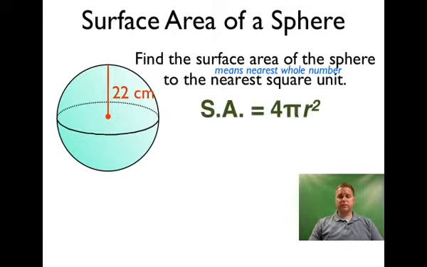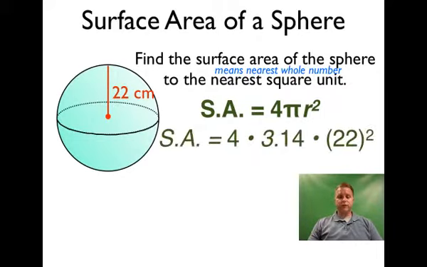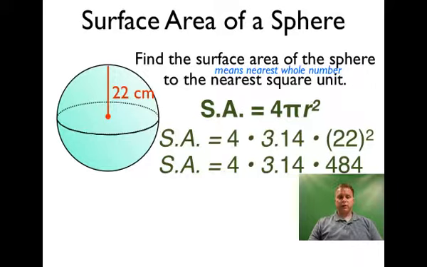So in this case, we have 22 centimeters, and we want to make sure they're giving us the radius, so it's from the center to the edge. If it goes through the center to the other side, then that's the diameter, and we need to cut it in half. So we have 4 times 3.14 times 22 to the second power, and 22 to the second power is 484. 4 times 3.14 is 12.56.